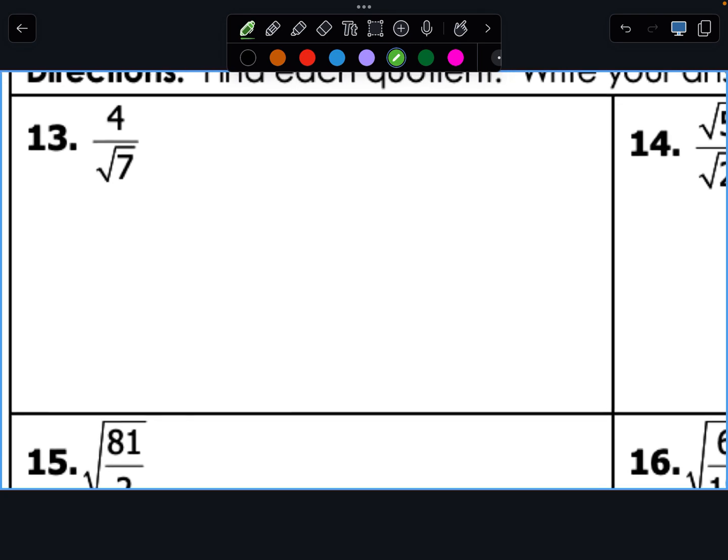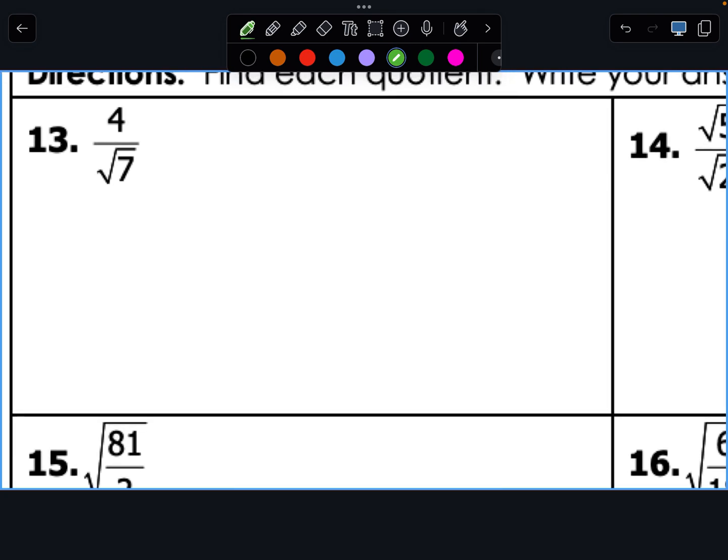Let's look at number 13. In order to rationalize this denominator, that means that I want to have rational numbers in my denominator. Square roots are irrational numbers if they're not perfect squares. So I want to get rid of any irrational numbers, in this case, root 7 from my denominator. So I'm going to multiply the top and bottom of this fraction times the square root of 7.